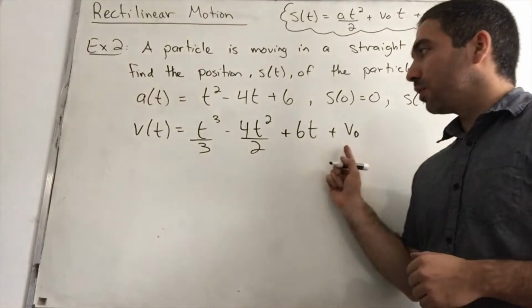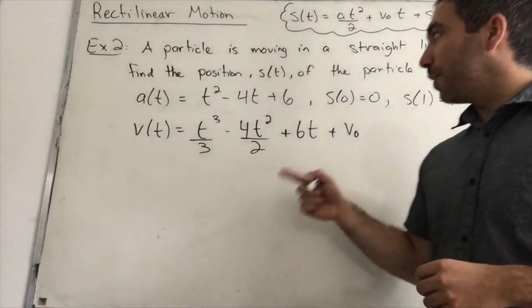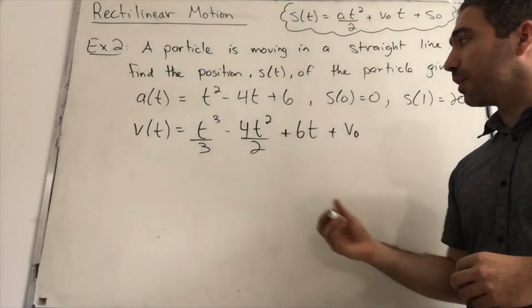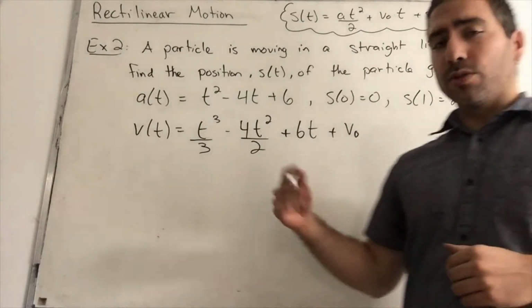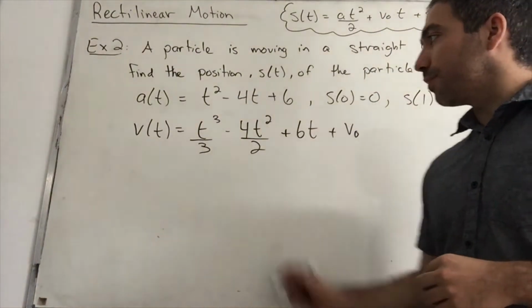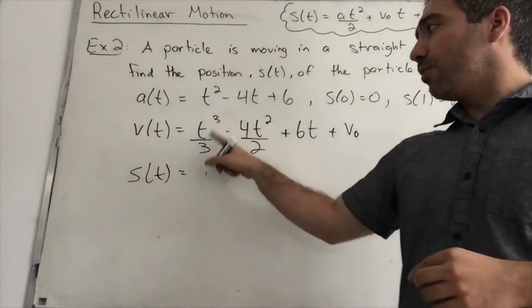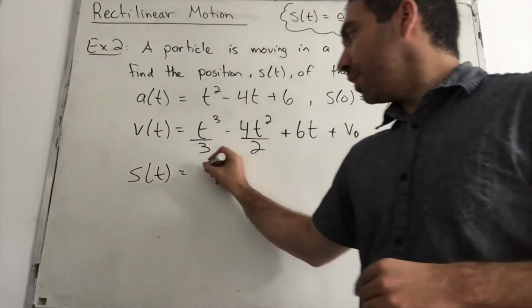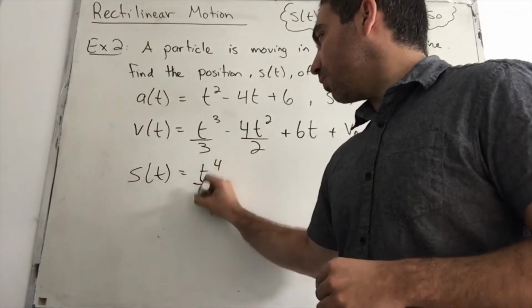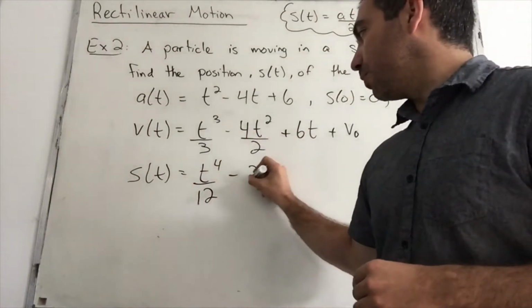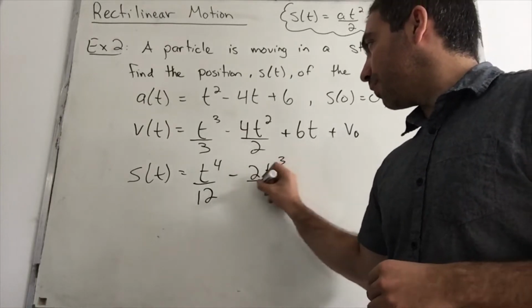Okay, so this is our first equation, but here the two initial conditions that are given are in terms of the position function. So let's go ahead and just antiderive to get the position function, S of t. So the antiderivative of t cubed over 3 is t to the 4 over 12, minus 4 over 2 is just 2, so we have 2t cubed over 3.